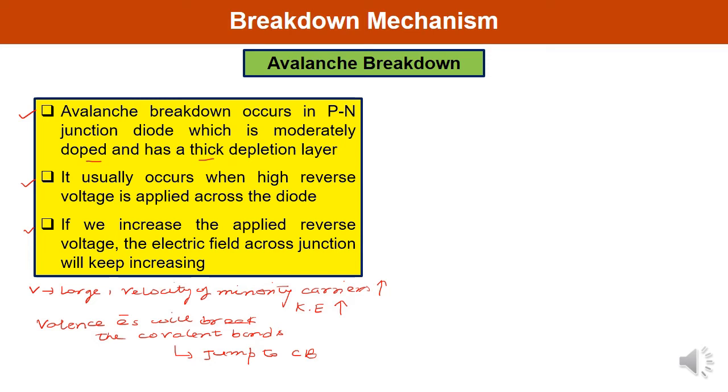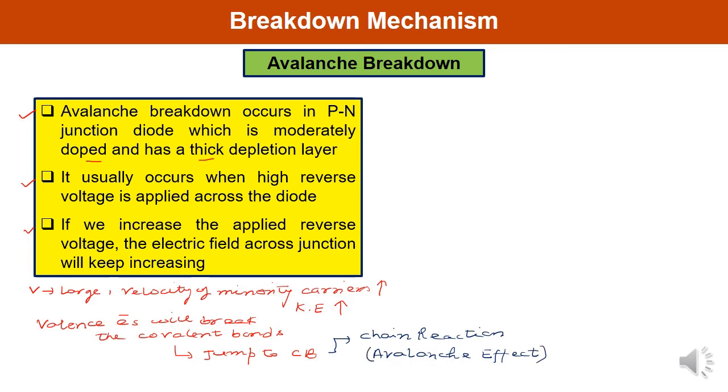See, and here you can observe that a chain reaction is being developed. So this chain reaction which is developed is known as the avalanche effect.